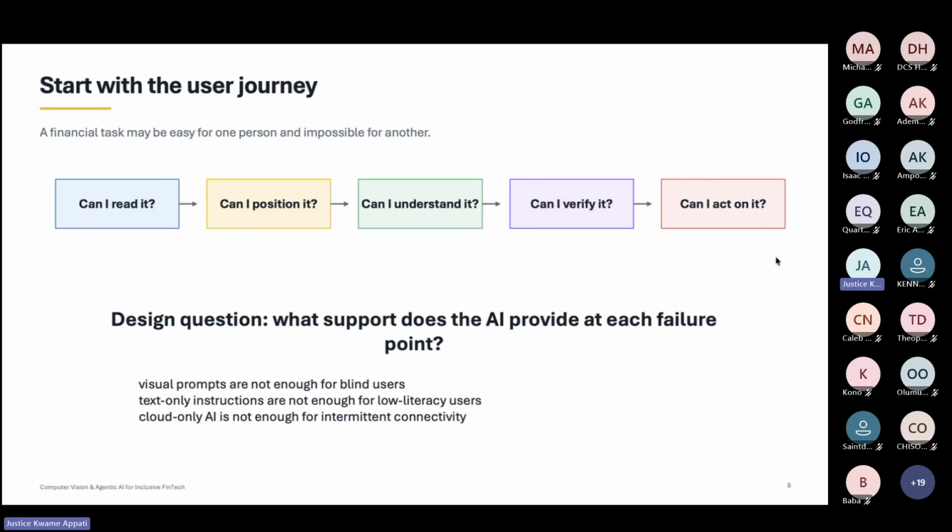Start with the user journey, but the blind cannot see. How do you support them in that direction? And so the things you see here, the visual prompt, are irrelevant to the one who cannot see. Again, the information you see here as text only is irrelevant to that market woman who cannot read.